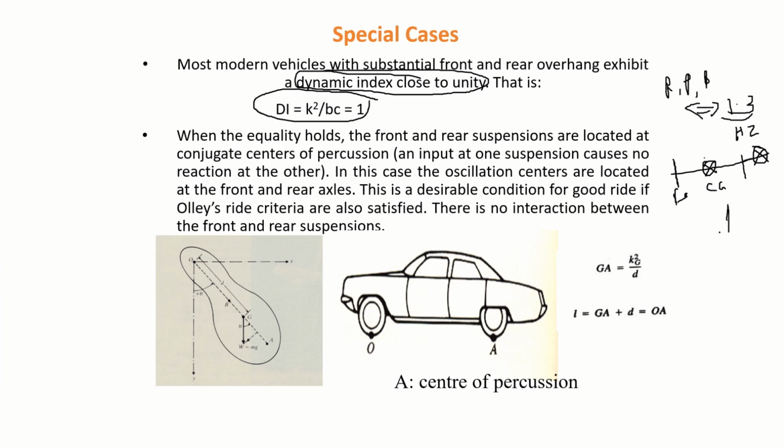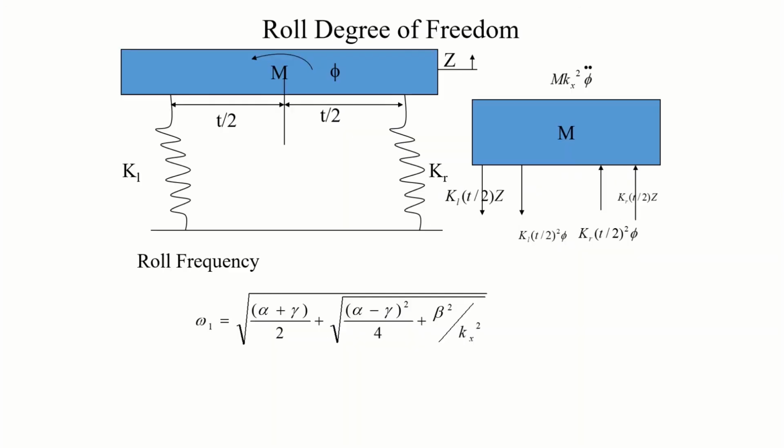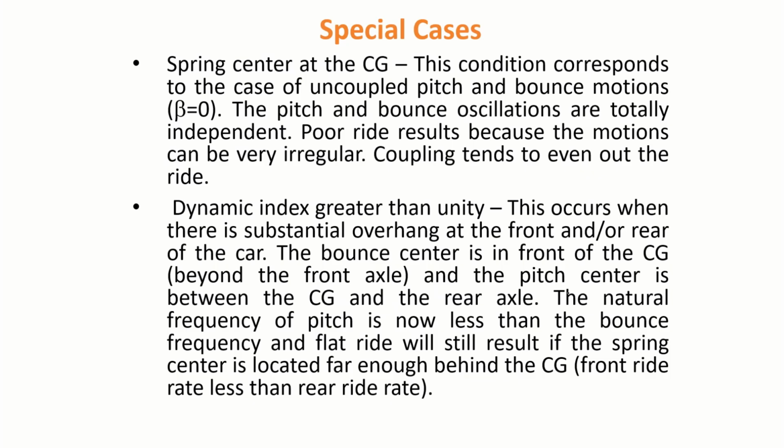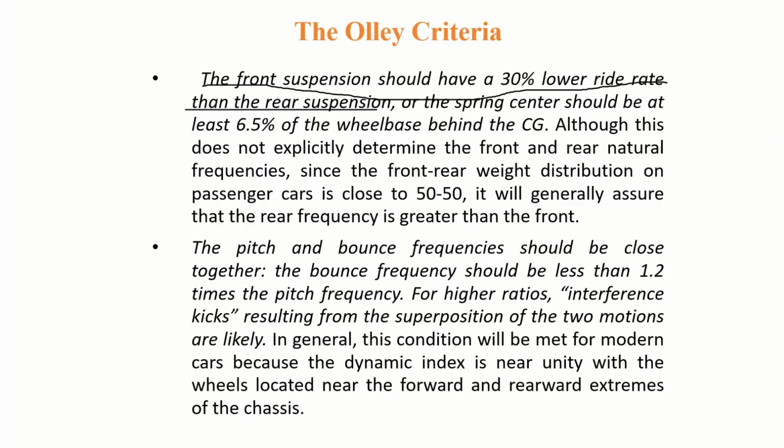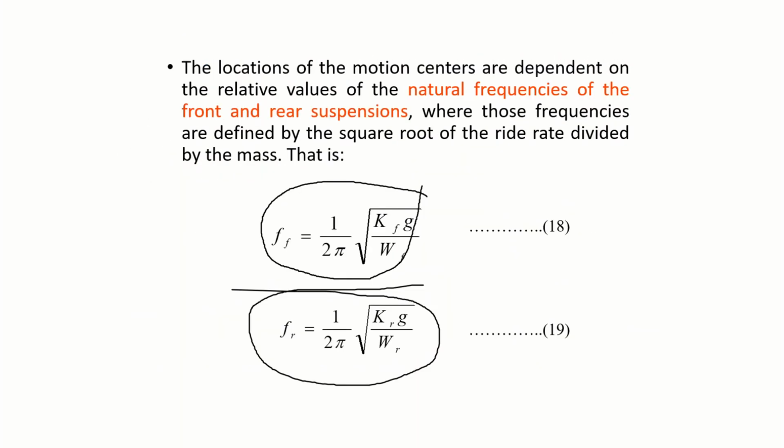To achieve this, the front roll rate frequency must be smaller than the rear roll rate frequency; the front should be softer than the rear. In addition, the roll frequency also lies below 1.3. That's very important. This is the summary of the pitch and bounce frequencies and spring rate.